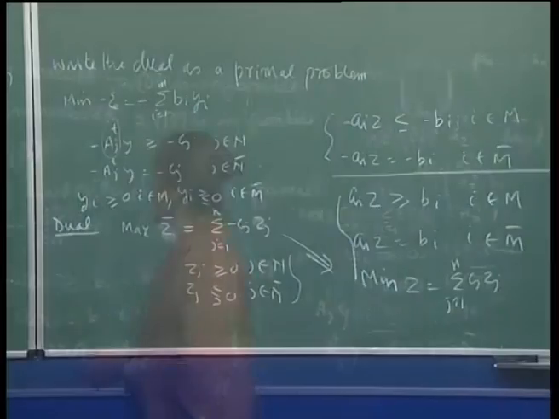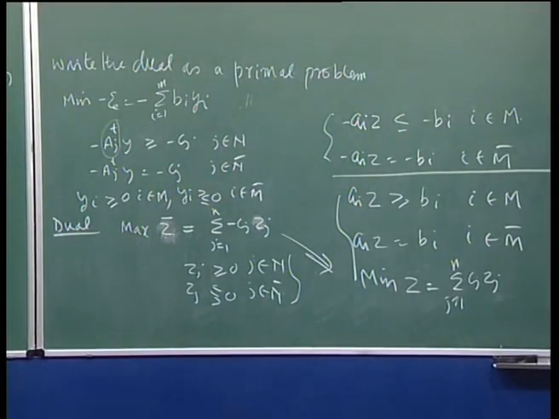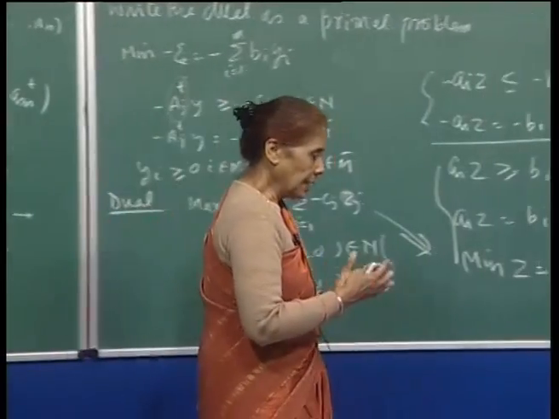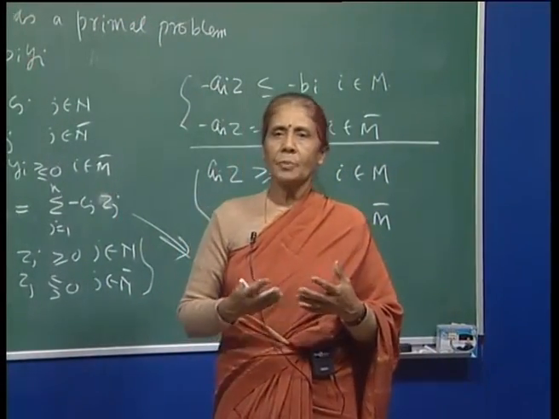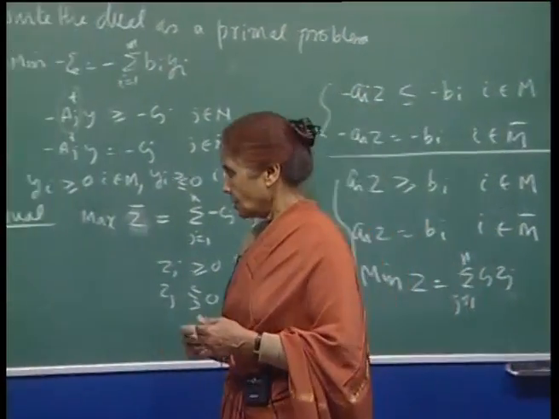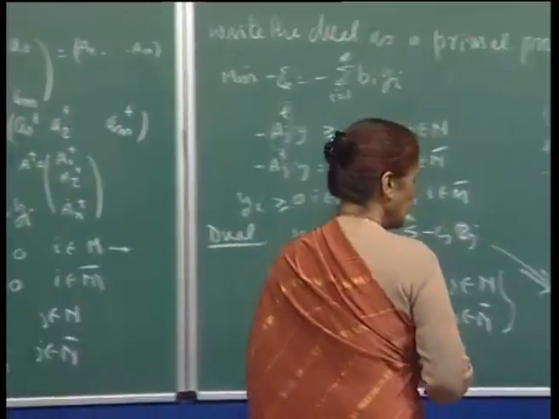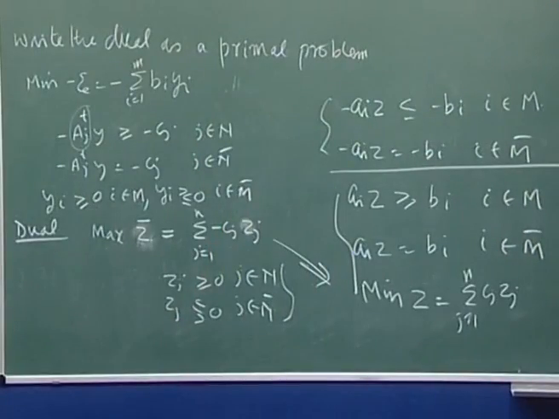Now, once we have this established, I want to give you a little more feeling for the dual problem in terms of the economic interpretation of the dual problem, the dual variables. And so, I need to define the diet problem. So, the dual of the dual is the primal.